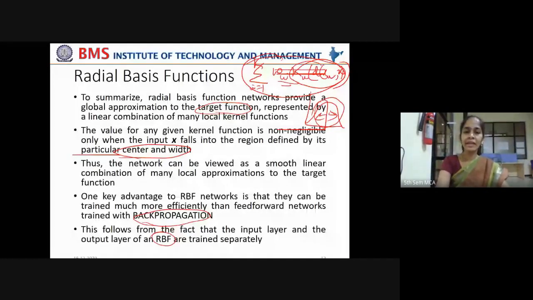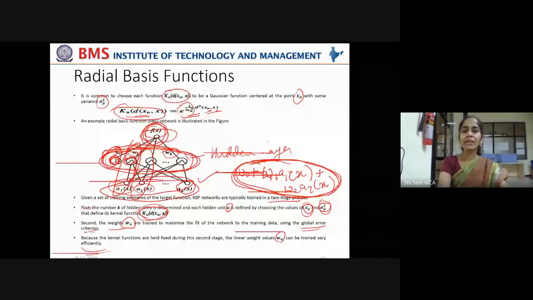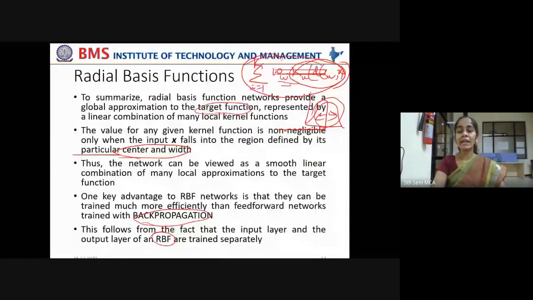Here, this layer is trained separately and this layer is trained separately. Both of the layers are trained separately without having any dependence on each other. That is why the efficiency of radial basis functions, its efficiency at learning the task, is far better when compared to the backpropagation algorithm in neural networks.